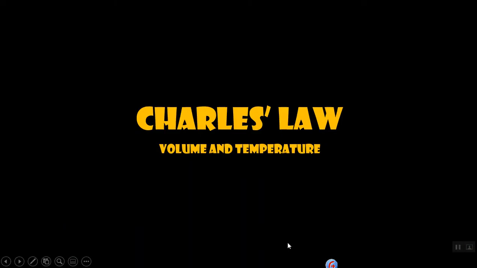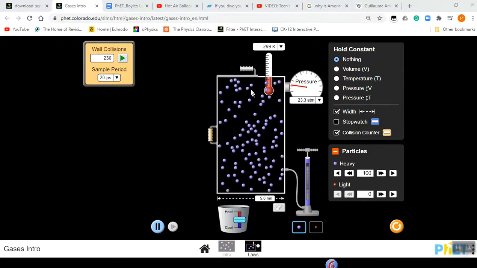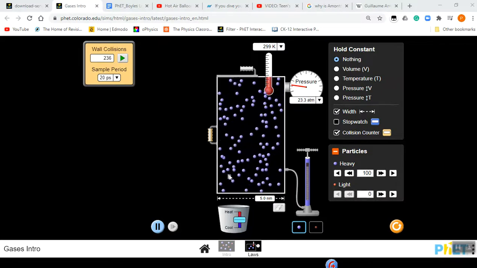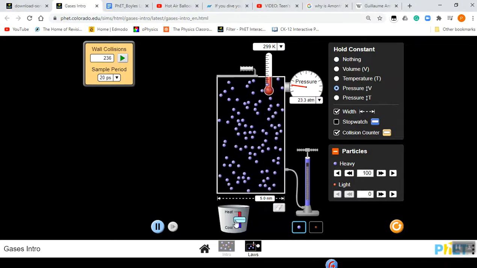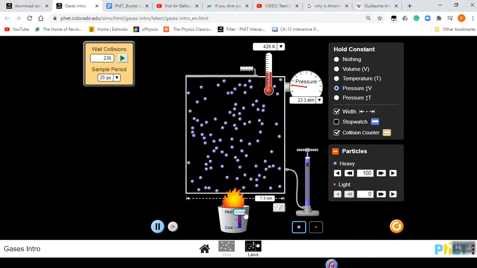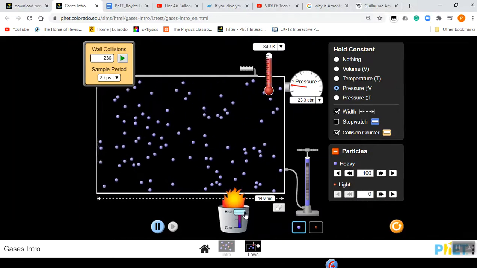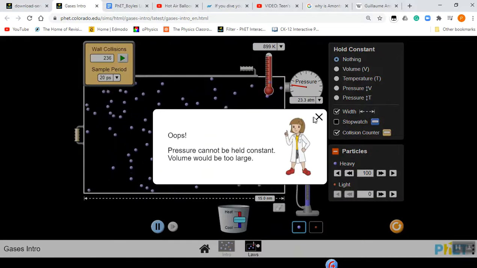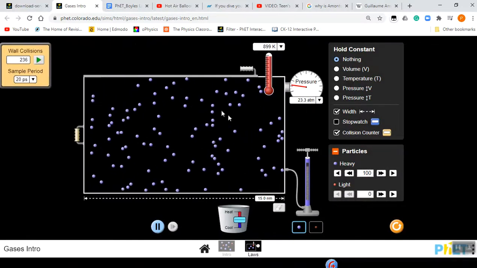The next law that we'll be looking at is Charles's law, which is the relationship between volume and temperature. So in this, we're now going to heat up. We've got 100 molecules inside the container. We're keeping the pressure constant, and as we heat up, to keep the pressure constant, remember the pressure is the amount of force per area, so the amount of collisions between the particles.